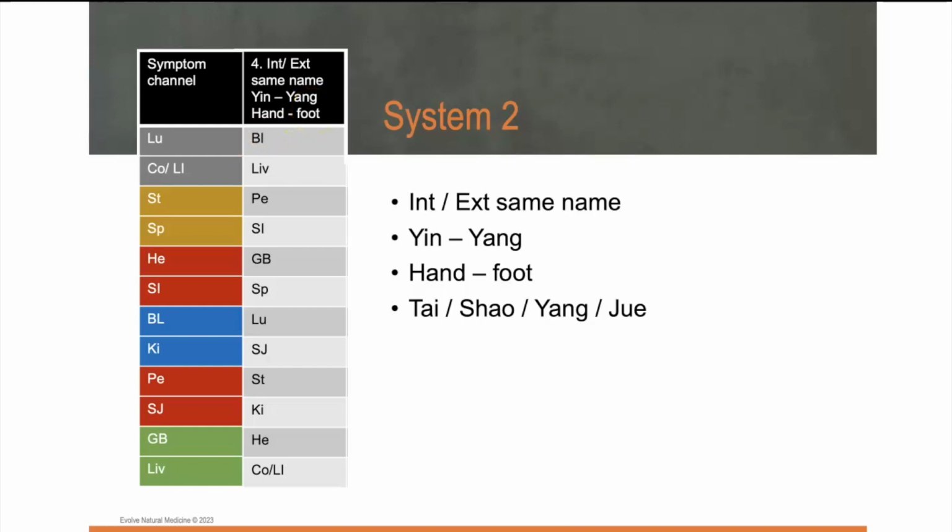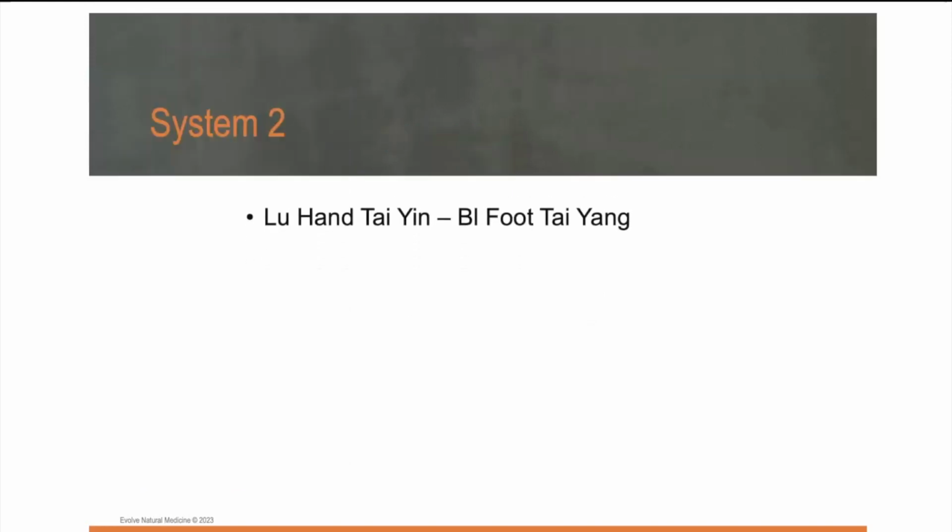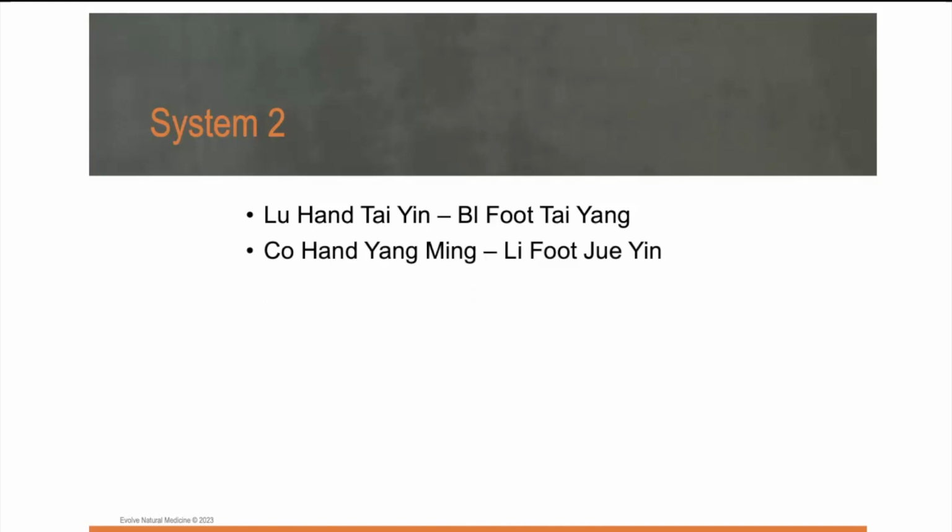So when we're looking at system 3, so system 2, just to give you a rundown again, lung hand Tai Yin balances bladder foot Tai Yang. Colon or large intestine hand Yang Ming balances liver, foot Dui Yin. So remember, Yang Ming is balanced by Dui Yin. When we're looking at stomach, foot, Yang Ming, again, we're balancing it with the Dui Yin.